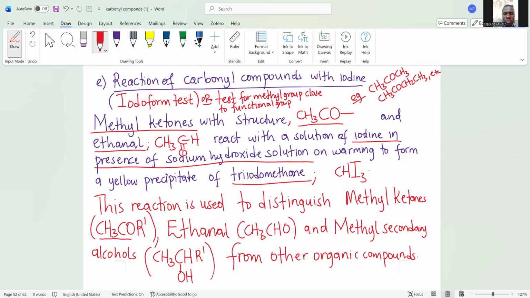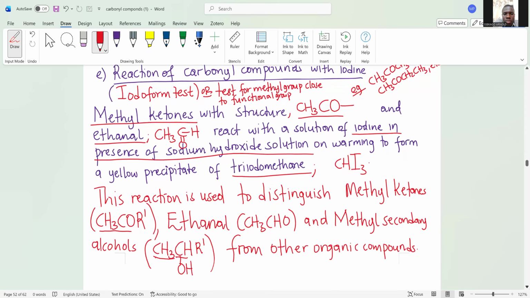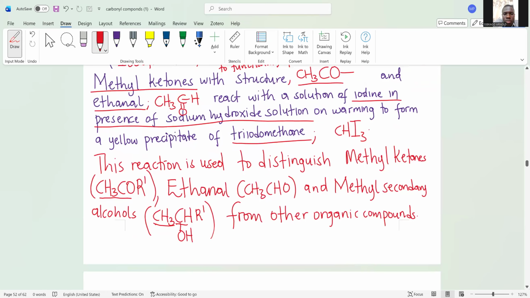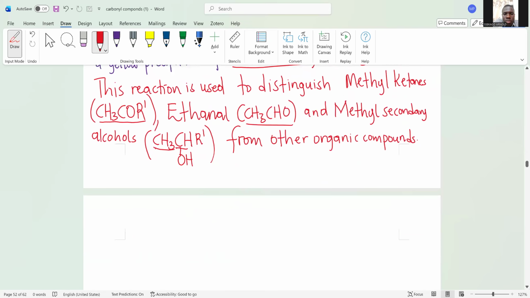Any carbonyl compound which does not have the arrangement CH3CO, and any alcohol which does not have the arrangement CH3CHOH, does not undergo the iodoform test. So the iodoform test is restricted to compounds that have this structure, ethanal, and also alcohols that have this structure. Therefore, this reagent is very important in distinguishing those compounds from other organic compounds.